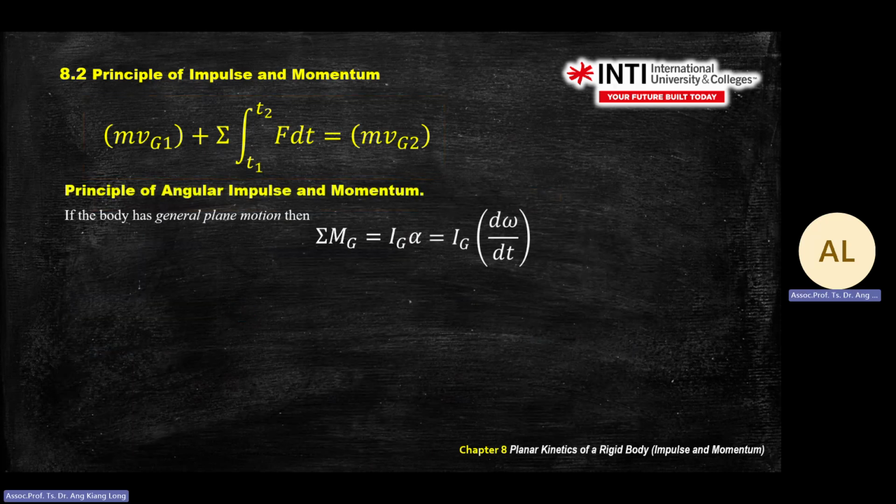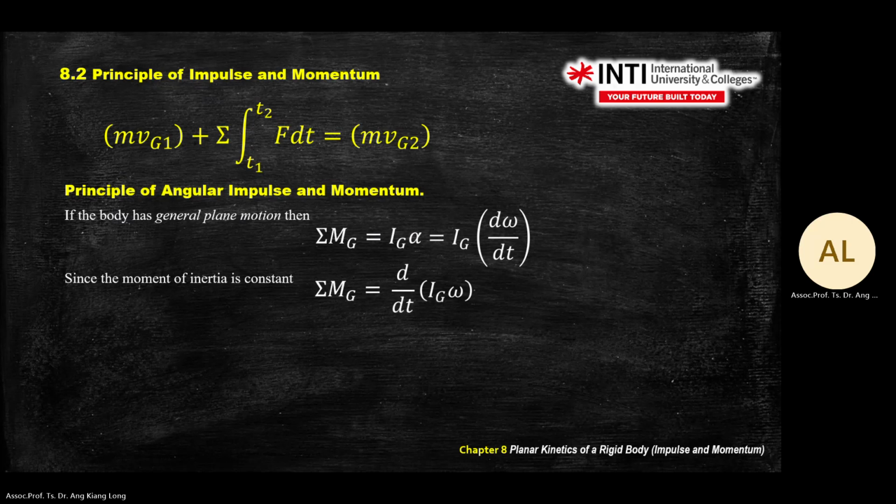If the body has general plane motion, then you need to use M equal to Ig alpha. Just recall, you already learned this in your particles chapter. M equal to I alpha, and you can convert alpha equal to d omega/dt. So you can pull dt out and you get I omega.